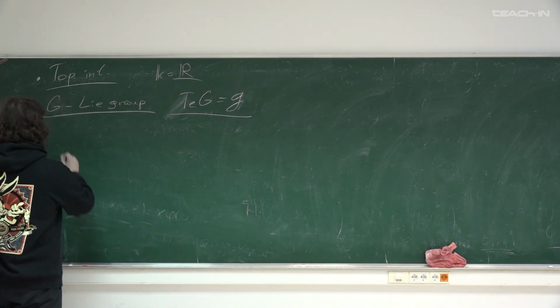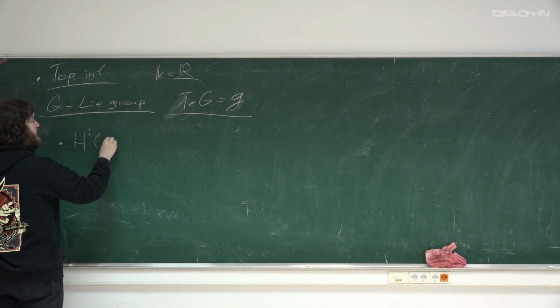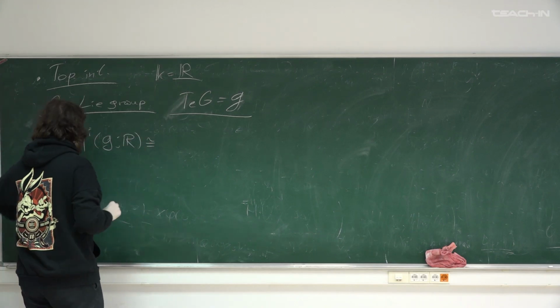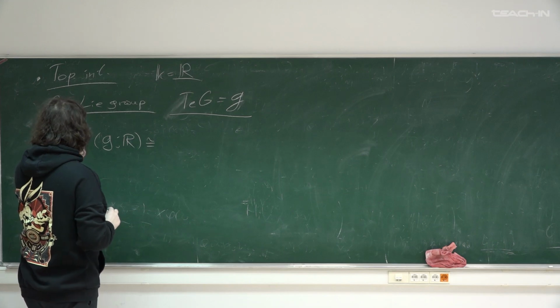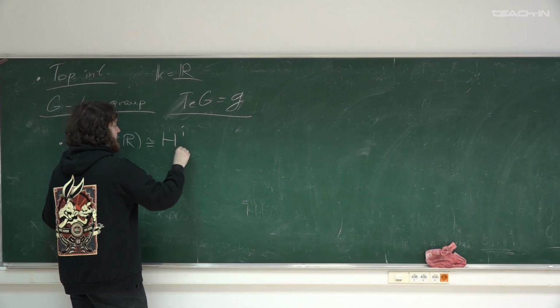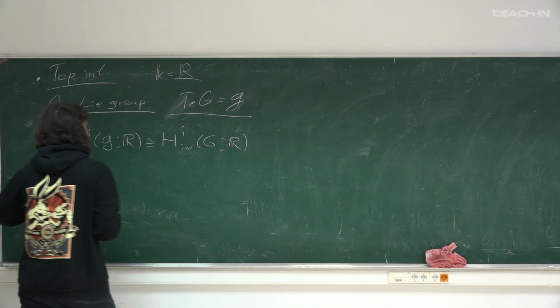And then the first claim is that the cohomology of G as a Lie algebra is isomorphic to the invariant de Rham cohomology of G. What is the invariant de Rham cohomology?